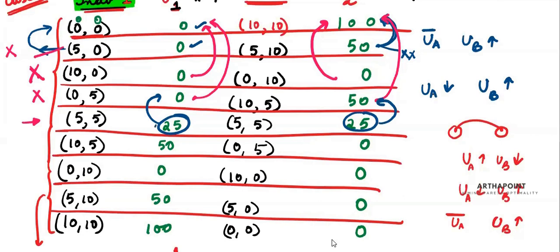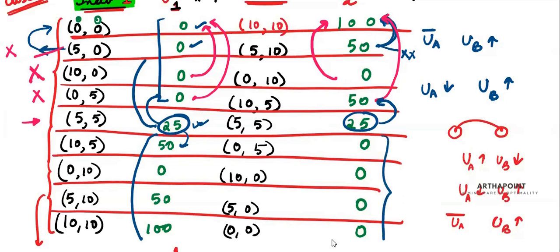If I go from this point to any other above point, utility of A is decreasing because A has more utility. It's greater than 0. If I compare this with any other point below, then here utility of A is increasing, but in all these points, utility of B has decreased.